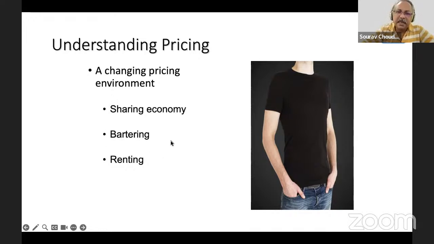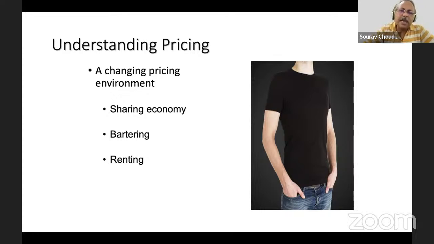Second is bartering. Exchange of products, one product against the other, for satisfying each other's needs. So I have a mobile phone, I'm exchanging it with a watch. I have a laptop, I am exchanging with a mobile phone.